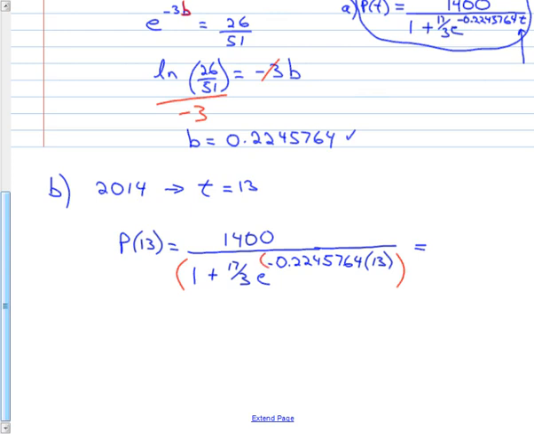You may need a set of parentheses around this exponent here, depending on what your calculator operating system is like. So rounded, you should get 1,070. Now let's go back to this. It said population satisfies this model. Okay, yeah, that's it. 1,070 coyotes.